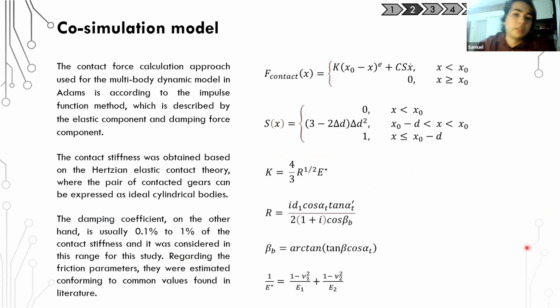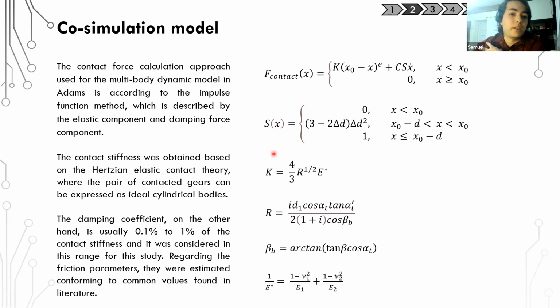Regarding the contact force calculation, the contact force for the multi-body dynamic model is calculated according to an impulse function method, which is prescribed by two main components. The first component is the elastic component, which is a non-linear spring characteristic. The second one is the damping force component, which is expressed as a function of the contact collision velocity, x dot.